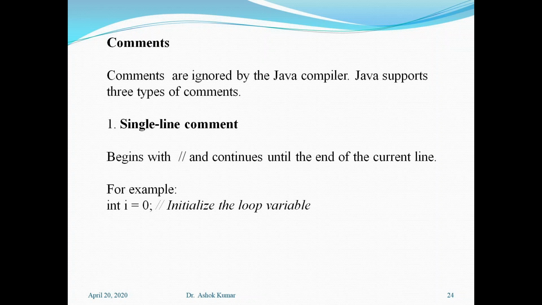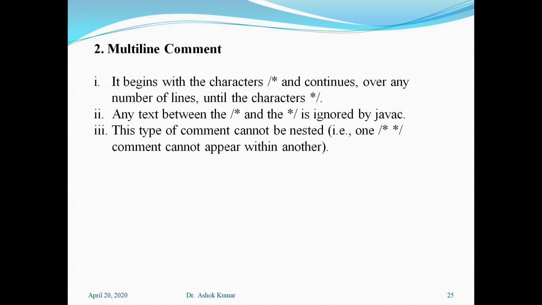Then the second type of comment is multi-line comments. Multi-line comments, as the name suggests, you can put in multiple lines, and in this case your comment should start with forward slash star and end with star and forward slash.